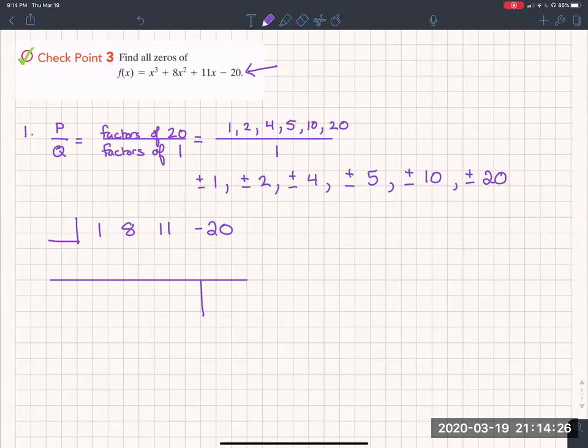So let's try +2. Okay. 1 times 2 is 2. 8 plus 2 is 10. 10 times 2 is 20. 11 plus 20 is 31. 31 times 2 is 62. And that gives me 42. Again, +2, as we see, doesn't work.